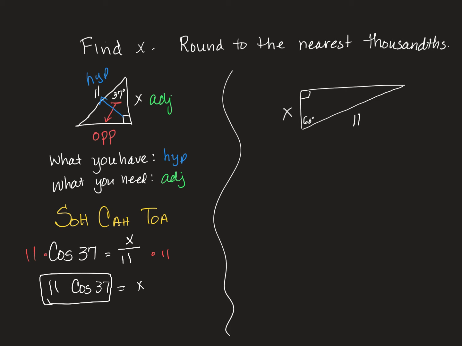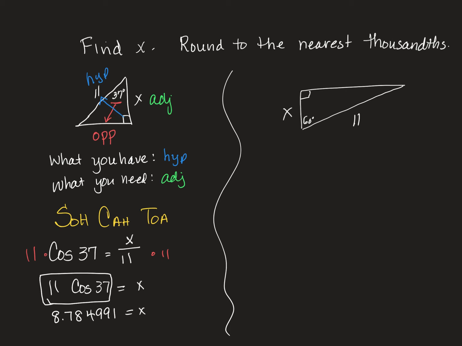Make sure, again, that you are in degree mode to do this, and pull up my calculator here. Okay, and we are going to type that in. So I'm going to do 11 times cosine of 37, and the number I get is 8.784991.